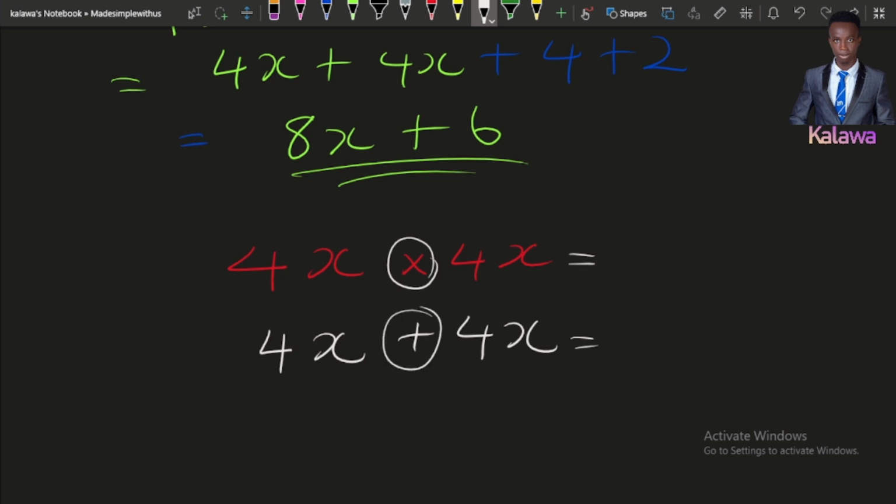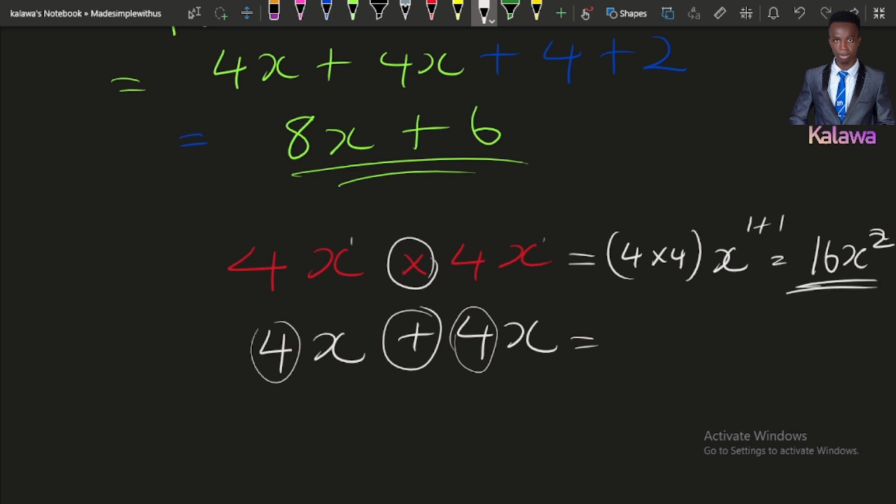So for multiplication, we take note of the powers, and for addition or subtraction, we only consider the coefficients. We add the coefficients. So for this one, we multiply the coefficients first, 4 multiplied by 4, and then x times x leads to indices. Remember, this is x, so we take one of the base and then we add the powers, that's 1 plus 1.